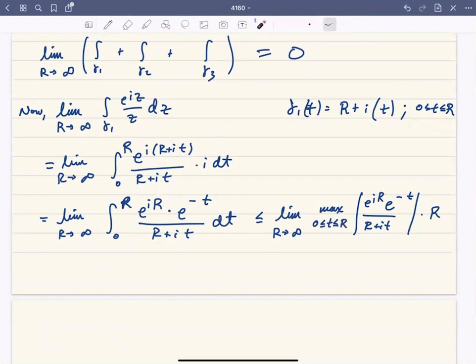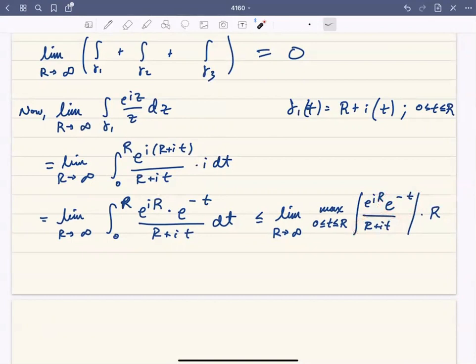And think about what's happening here. What you have is e to the ir. Now r is some real number, so e to the ir, the modulus is just 1. And then you have an exponential term, e to the minus t, over a linear term.